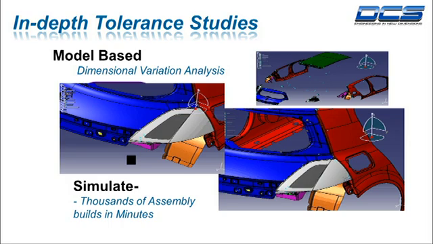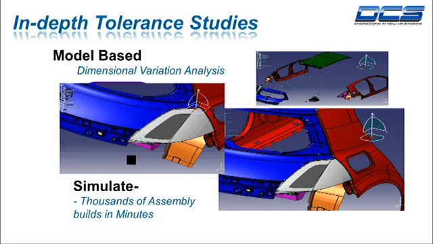So this variation study takes into account two body sides, a roof, a rear end, and a light assembly, and looks at the assembly process relative to the tooling represented by the little blue locators. And keep in mind that this study was done before any of this tooling was ever built or even completely designed.